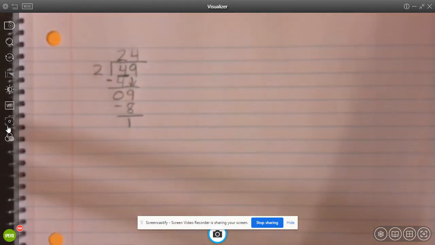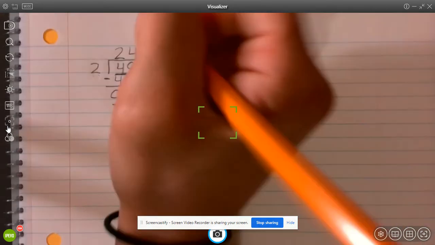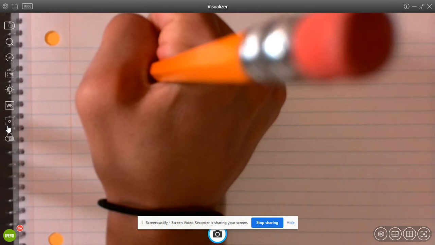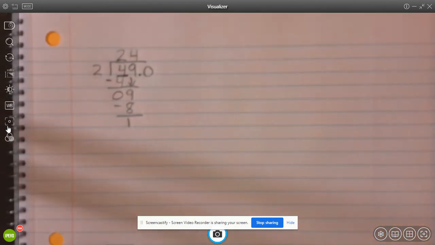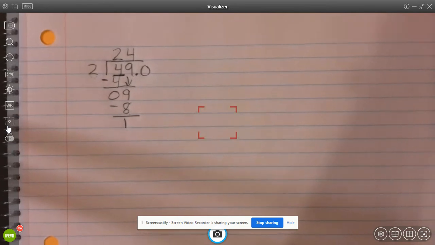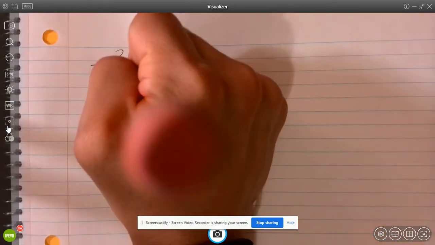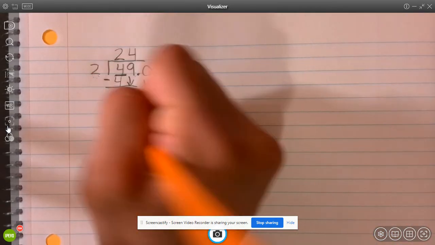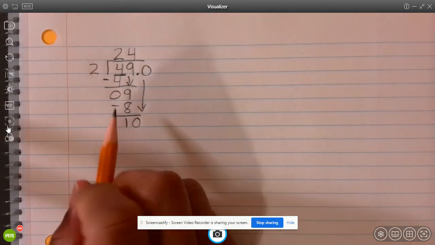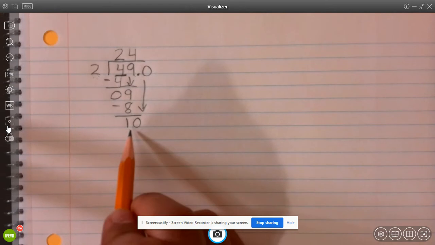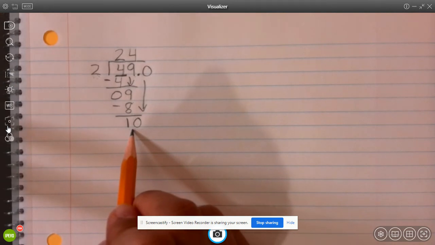So now I'm going to add a decimal and a 0 to my dividend. And I'm going to bring that 0 down. So I have 10. So now I ask myself, 2 goes into 10 how many times? 5 times.